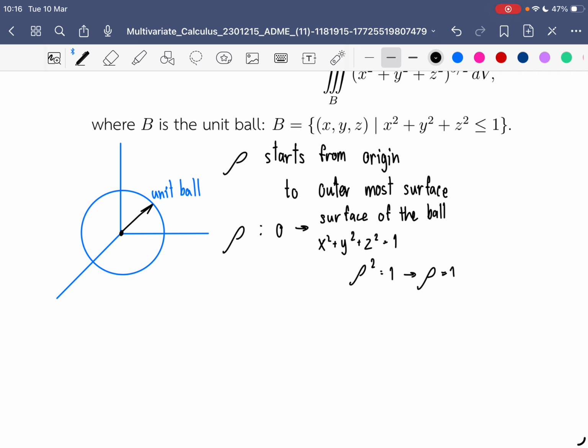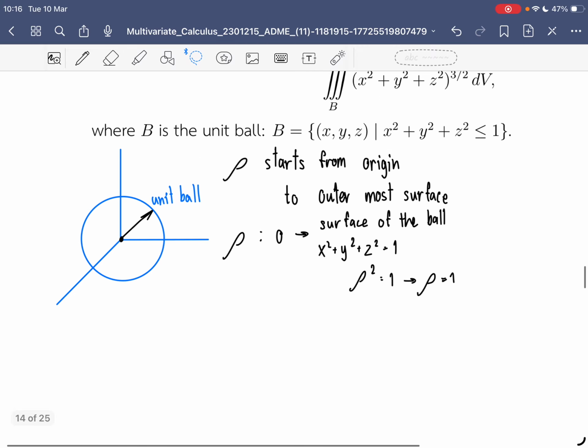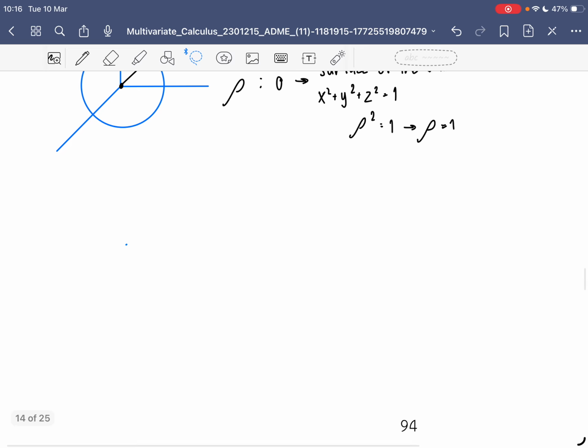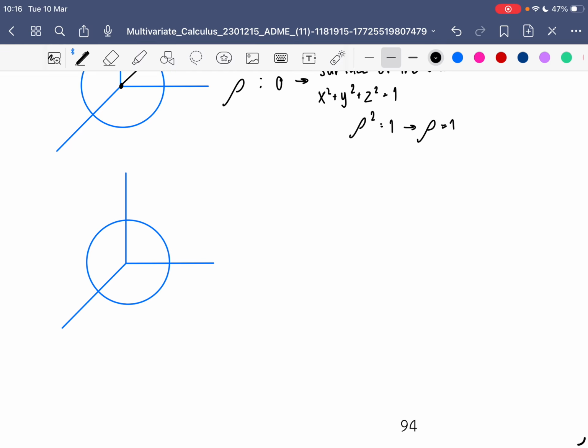Starting from, this is when theta is 0, and then you rotate counterclockwise. Like how it works in polar coordinates.